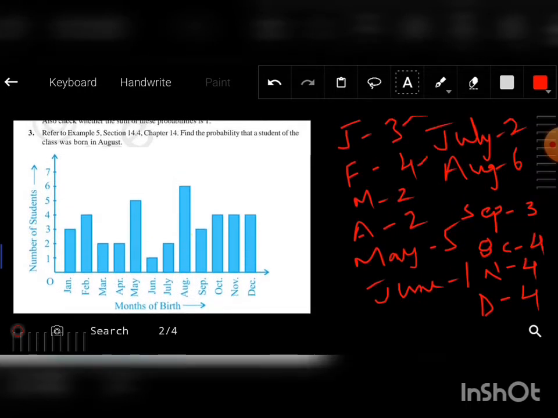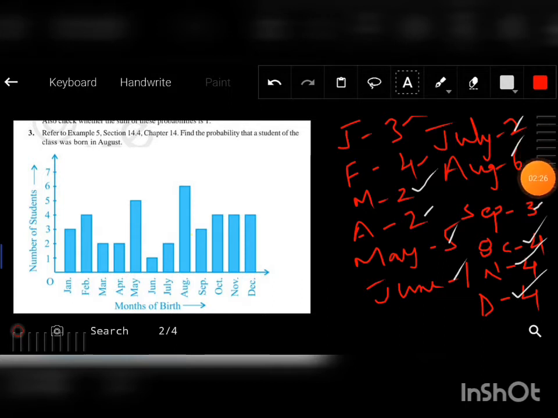3 plus 4, 7, 7 plus 2, 9, 9 plus 2, 11, 11 plus 5, 16, 16 plus 1, 17, 17 plus 2, 19, 19 plus 6, 25, 25 plus 3, 28, 28 plus 4, 32, 32 plus 4, 36, 36 plus 4, 40.